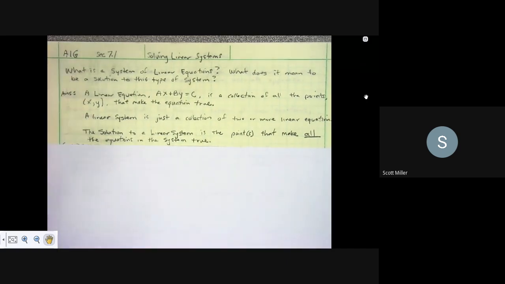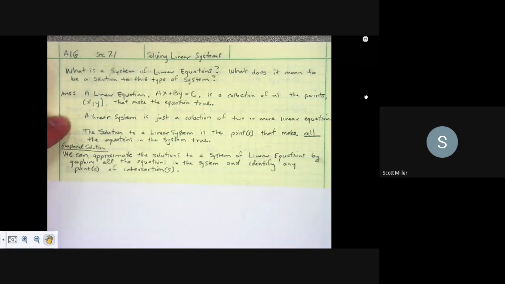There are three ways that we can go about trying to solve a system. The least accurate is the graphing method, a graphical solution, because although it can give you the solution, sometimes it's very difficult to identify what that solution is. Really, what you're doing with a graphical solution is looking for an approximation to the solution to the system.